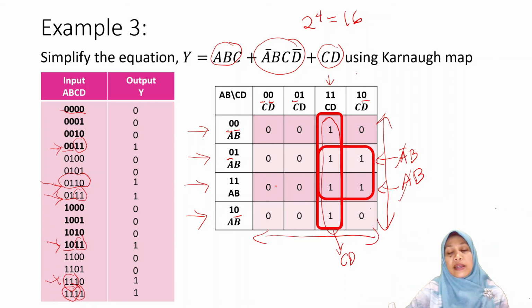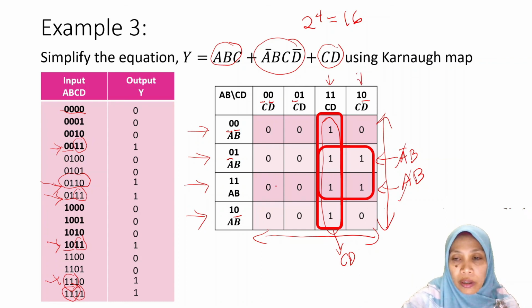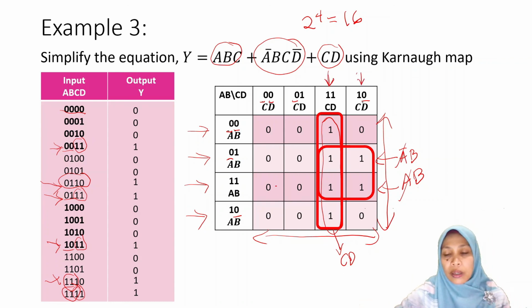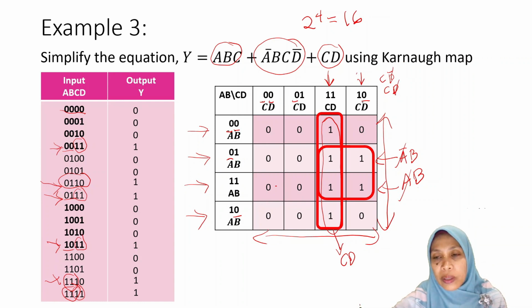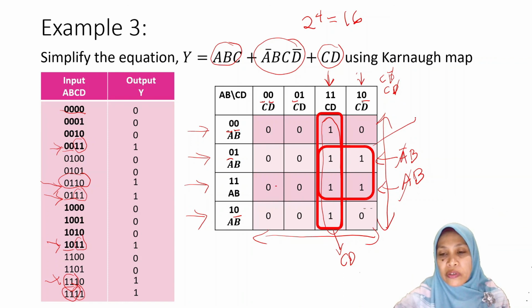Okay, next we look at the column. Okay, so the columns involved are these two columns. All right, so the first column here is C D bar, and the second column here is CD. So from here, the same variable is C, and then we can ignore D. Alright. Therefore, we can say the equation for this group is equal to BC.